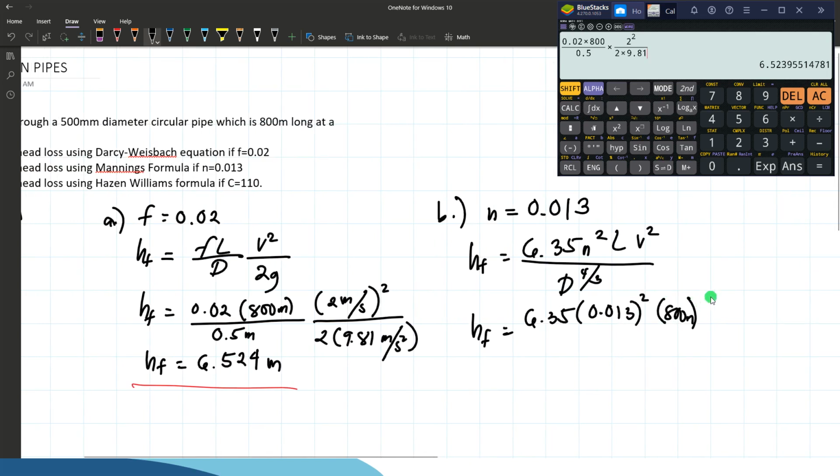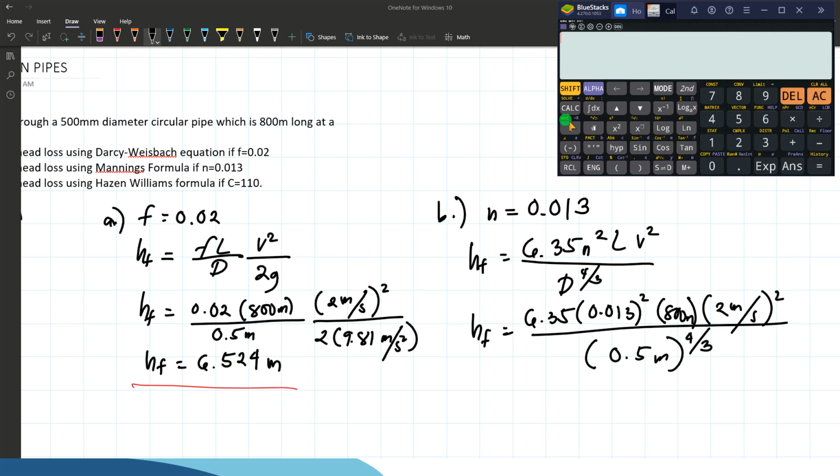Then V, 2 meters per second raised to 2, all over D, which is 0.5 raised to 4 over 3. So let's solve that now. So the head loss using Manning's formula is 8.653 meters. That's the answer for letter B.